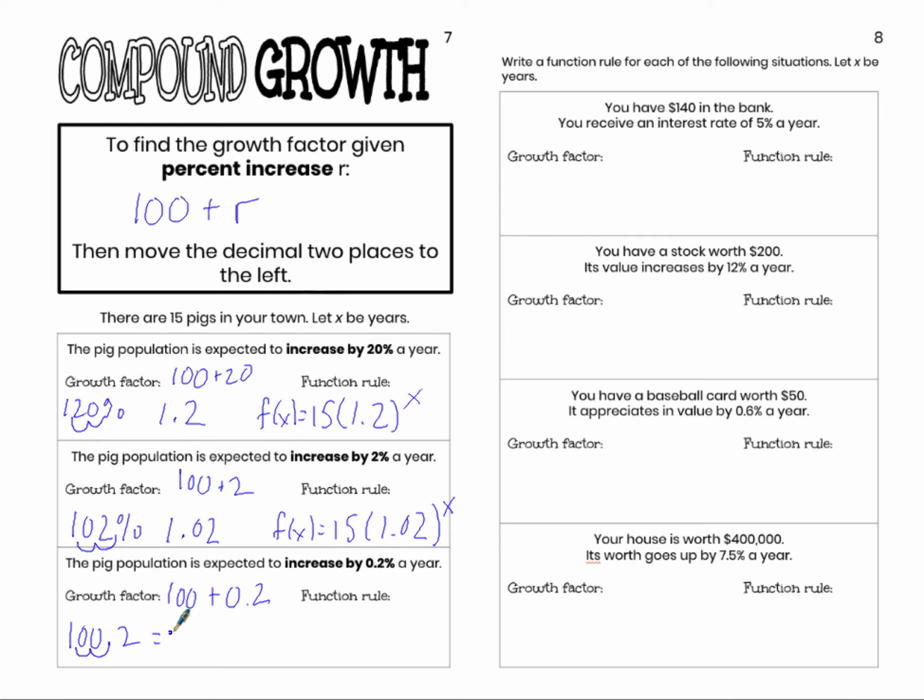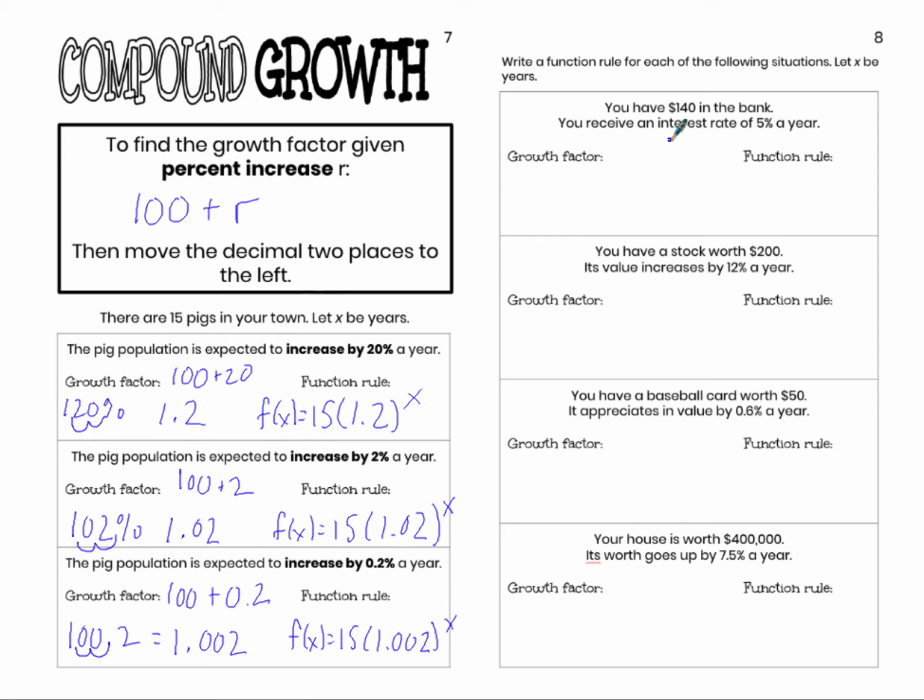That means I have this kind of weird growth factor, 1.002. This makes sense though, because if I had a digit here in the hundredths column, that would be, for example, a 1% increase. And this is less than 1%. So my digit is in the thousandths column. So my function rule is 15 times 1.002 to the x.